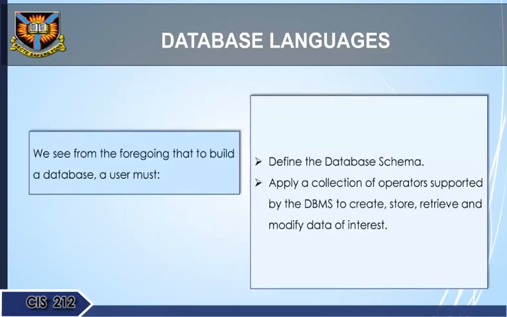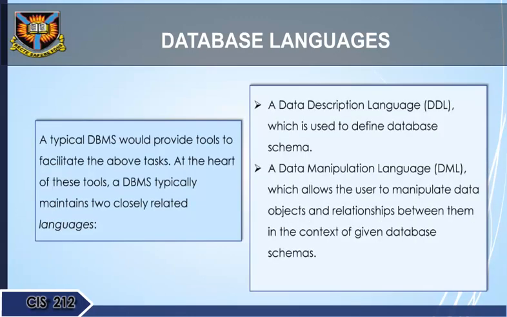Database languages. We see from the foregoing that to build a database, a user must define the database schema, and apply a collection of operators supported by the DBMS to create, store, retrieve, and modify data of interest. A typical DBMS would provide tools to facilitate the above task.